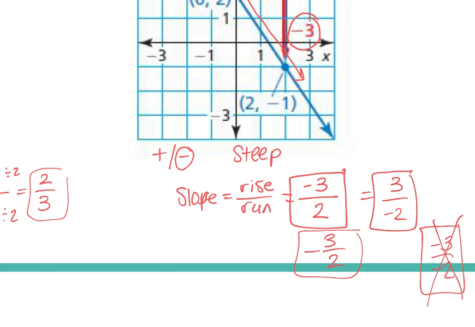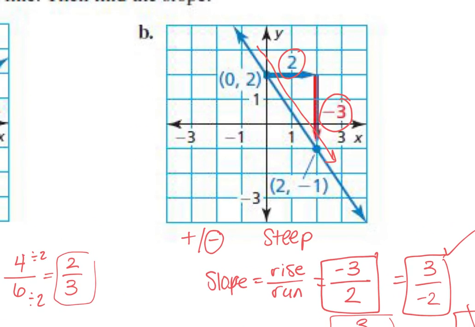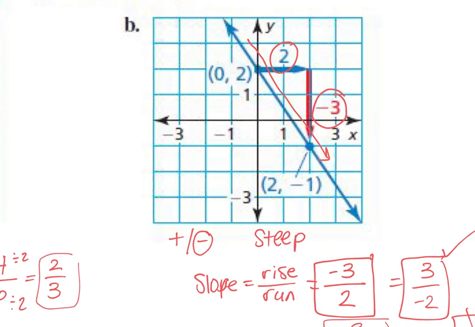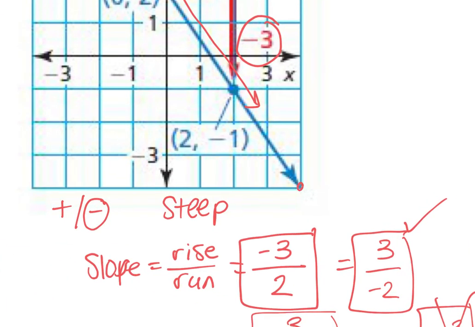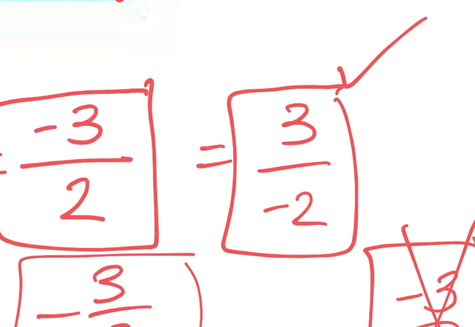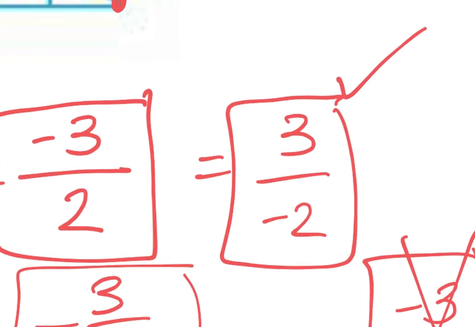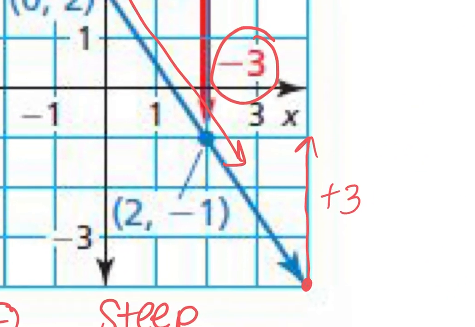Now watch. Let's apply this. If our slope was 3/2 instead of -3/2, let's start here and go 3 units up, plus 3. And if our numerator's 3, our denominator has to be -2, so we move to the left 2.